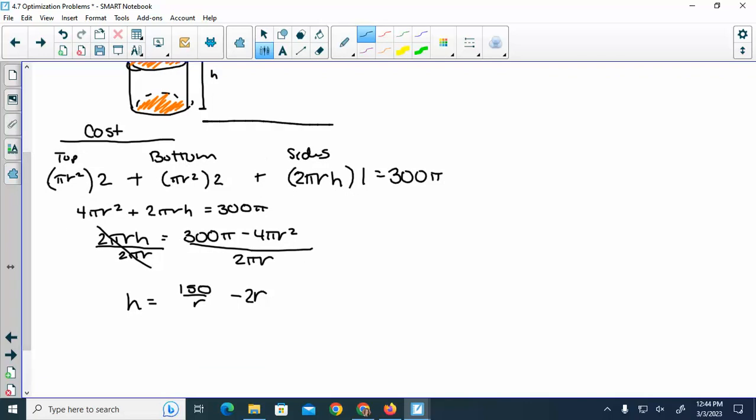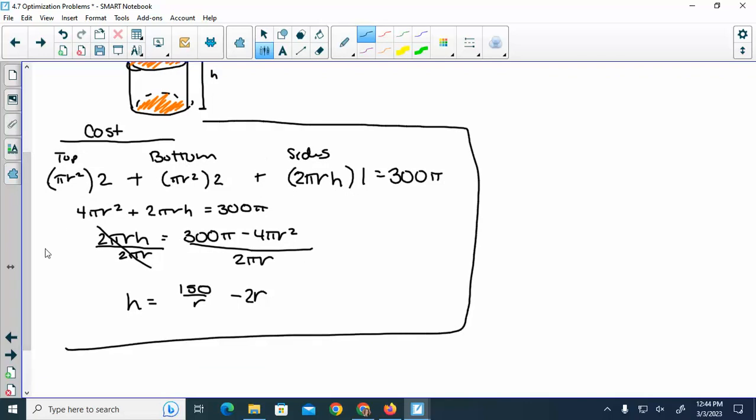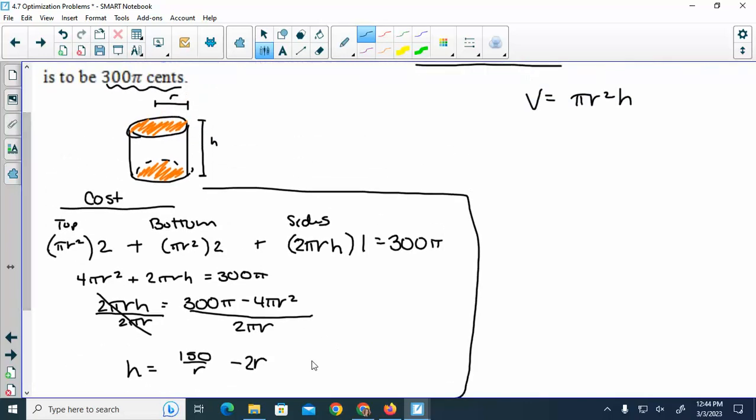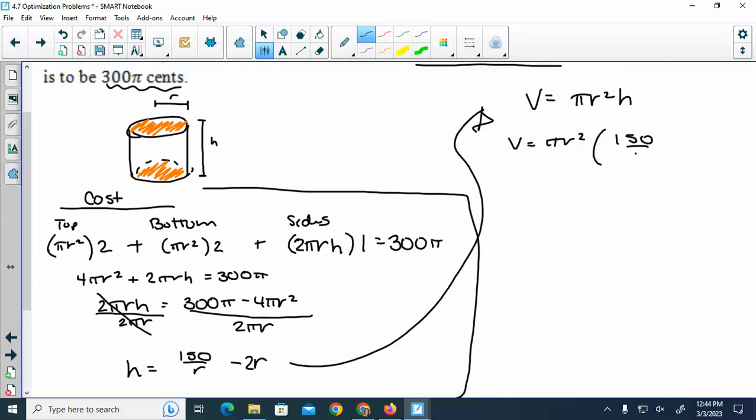So this was my little detour. Now we have our height, so we're going to plug it in. So volume is pi r squared times this. So when we distribute, I can reduce an r.